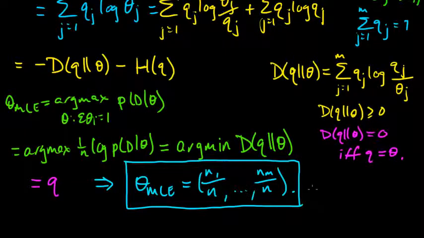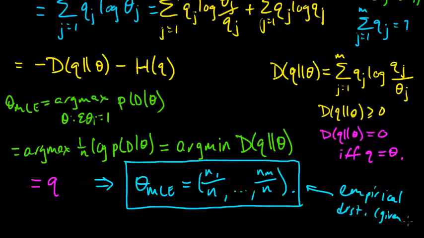So this is just the empirical distribution. Empirical means, given our data. So the MLE is just the empirical distribution on this finite set.